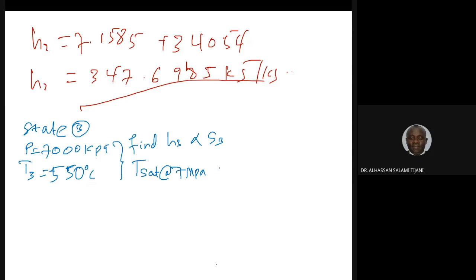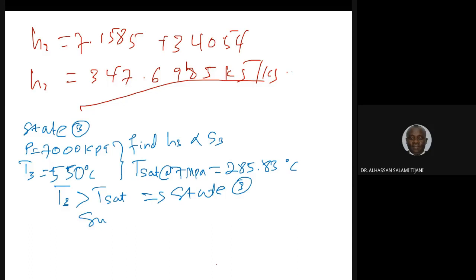If you look from the property table, this gives me 285.83 degrees Celsius. Looking at the temperature, T3 is greater than T saturation. So this implies state 3 is superheated vapor.